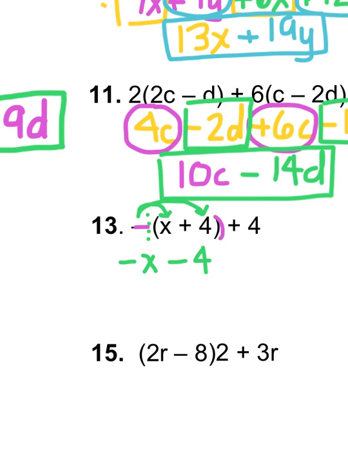No, it's outside the parentheses. So we'll just bring down this 4, not forgetting it. Now we'll combine the like terms. The x does not have a like term, but we have these. The numbers are always like terms. So we have negative 4 plus 4. Well, those cancel out. So our final answer is negative x.